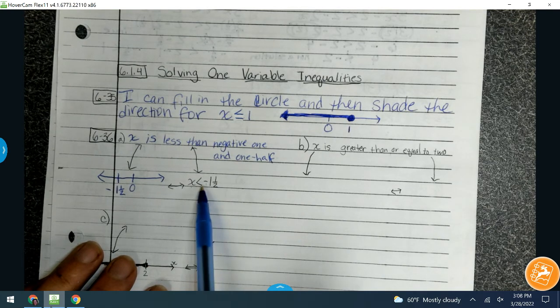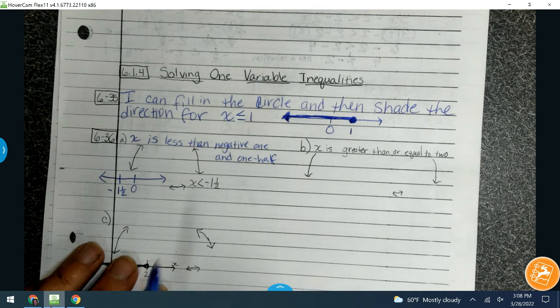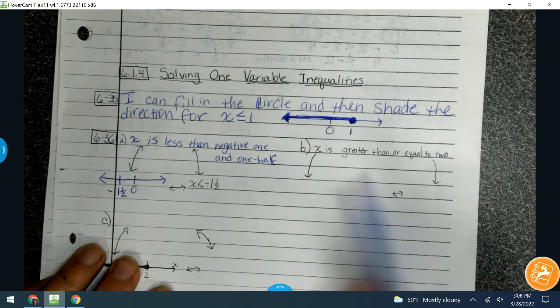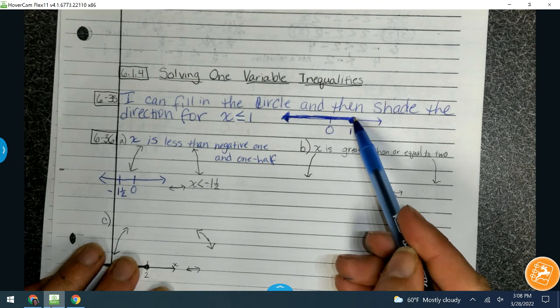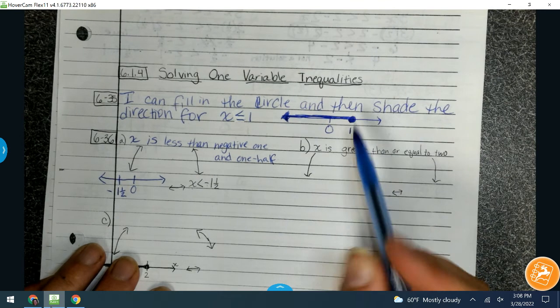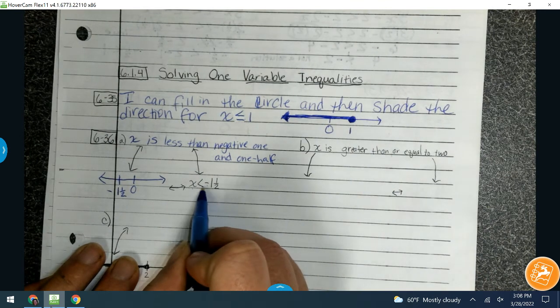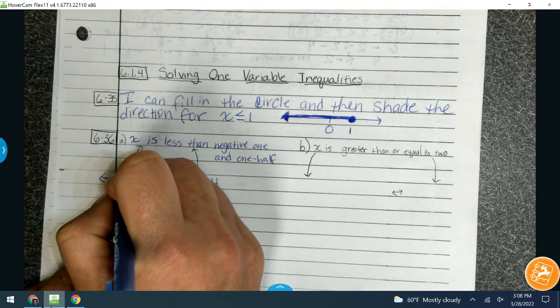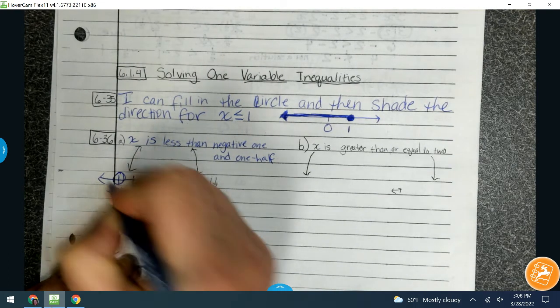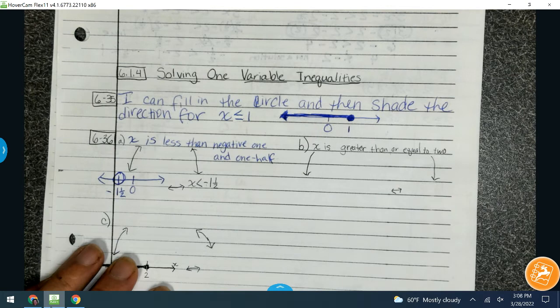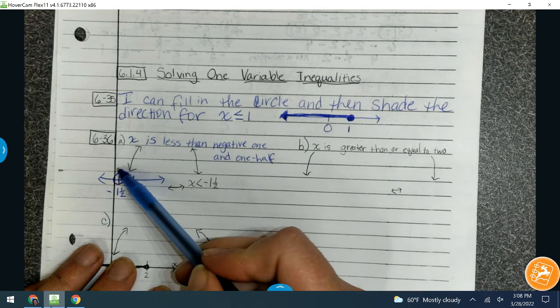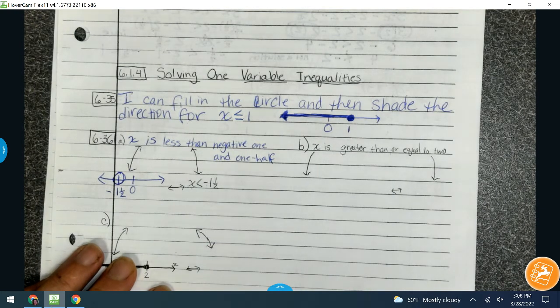With this symbol, am I going to have a solid dot or an open dot? Hopefully you can see we don't have the equal sign underneath, so this should be an open dot. I make them really big so it's easy to see.